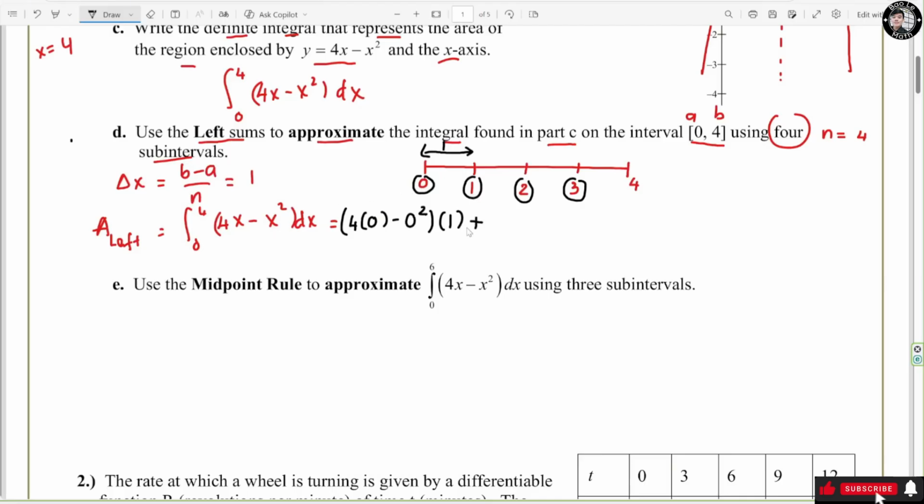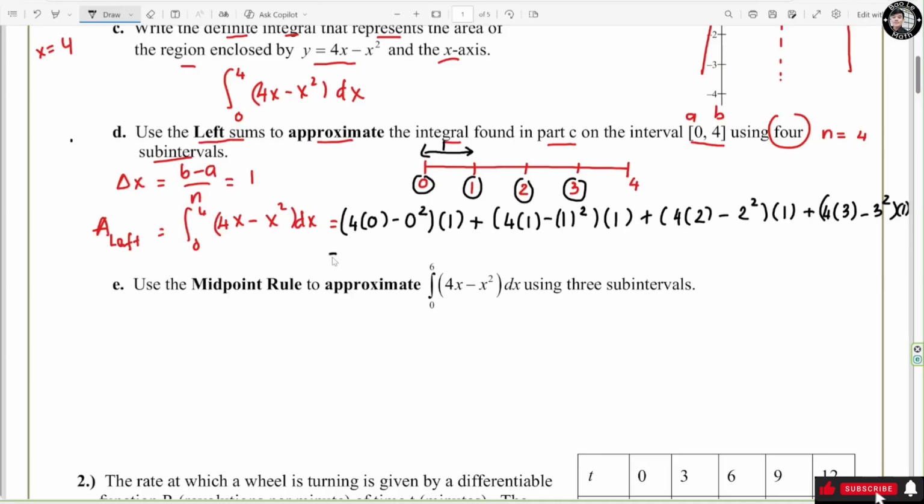Substitute 1 for x into this expression, so you have 4 times 1 minus 1 squared, times 1. The third one is going to be 4 times 2 minus 2 squared, times 1. And the last one, plus 4 times 3 minus 3 squared, all times 1.